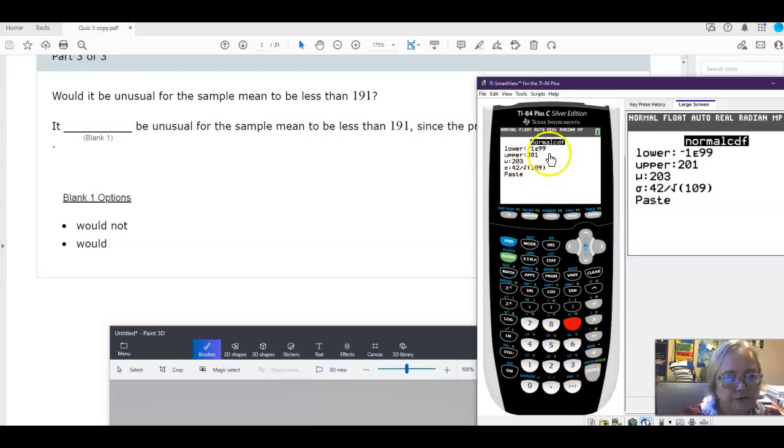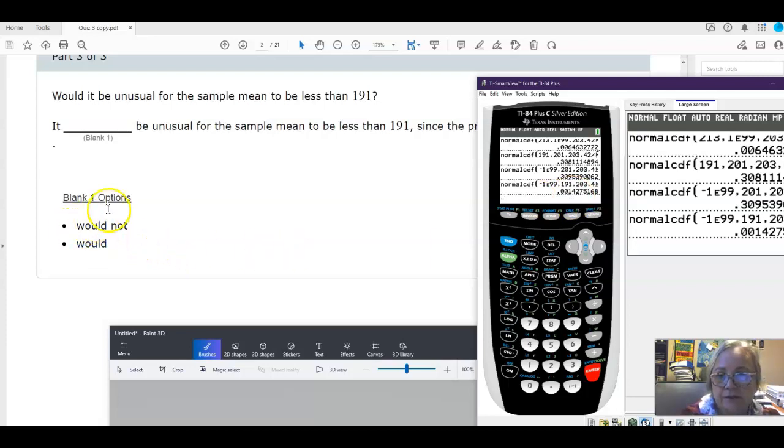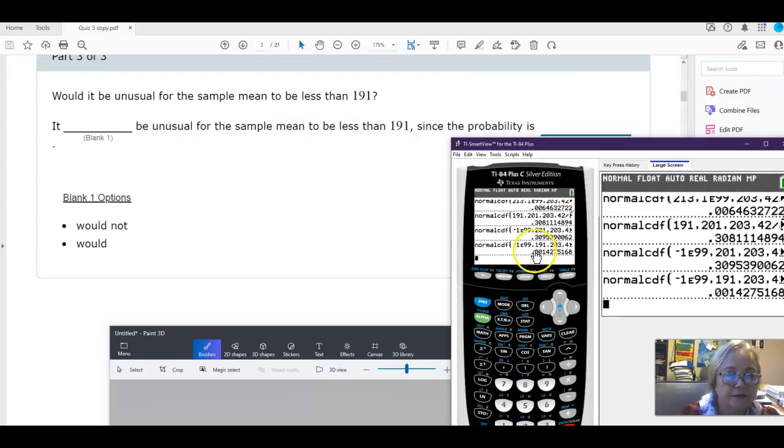This is a very small number, to the left side of the x-axis. We enter 191 here and calculate. So the probability is 0.0014, which is much less than 0.05, and for that reason we say it would be unusual for the sample mean to be less than 191, since the probability 0.0014 is less than 0.05.